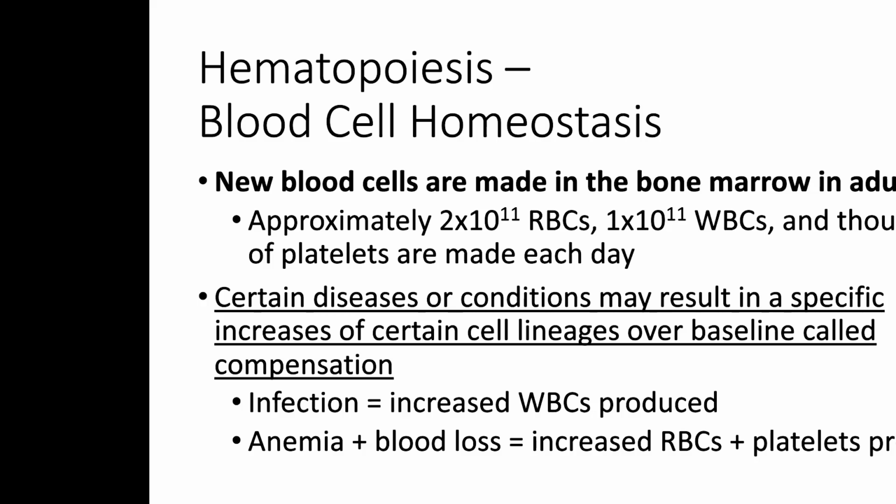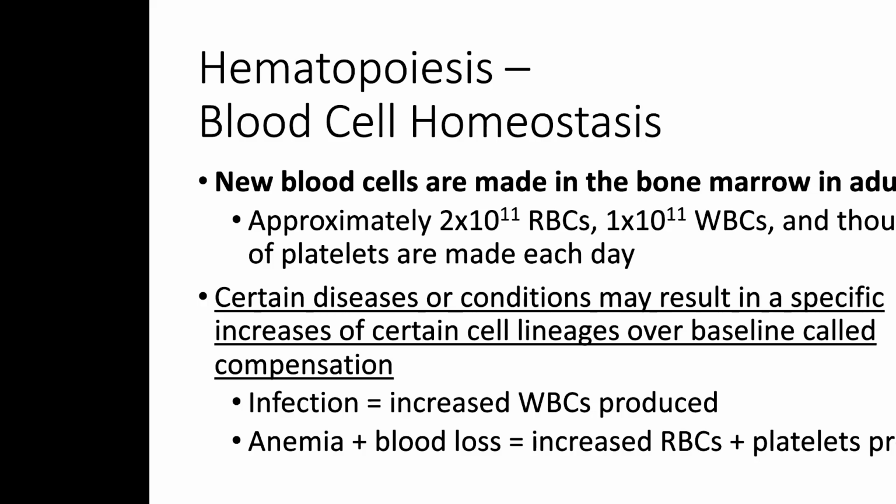In adults, the blood cells are being made in your bone marrow. It's a giant amount of red cells, white cells, and platelets being made each and every day just from you existing. However, we humans are designed to survive in case something happens to us. Because of that, sometimes you get certain diseases, sometimes you get certain conditions.